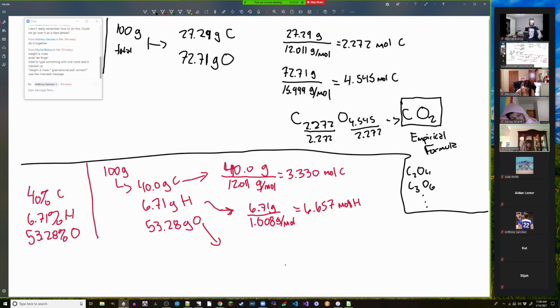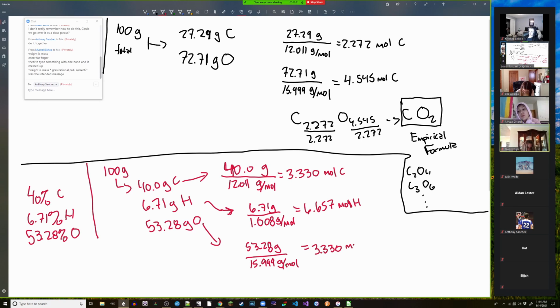And then for oxygen, 53.28 grams of oxygen. And oxygen's molar mass is that 15.999 grams per mole that we saw before. So what is this going to be? It's going to be a little bit less than 4, I'm going to guess. 3.33 again.